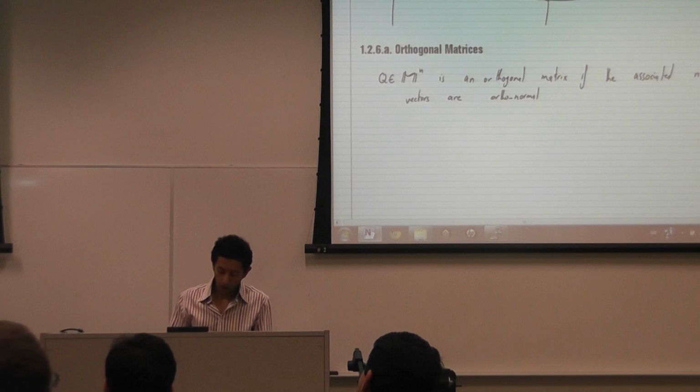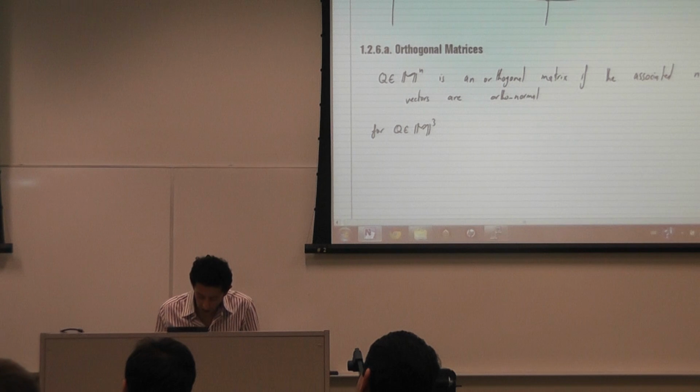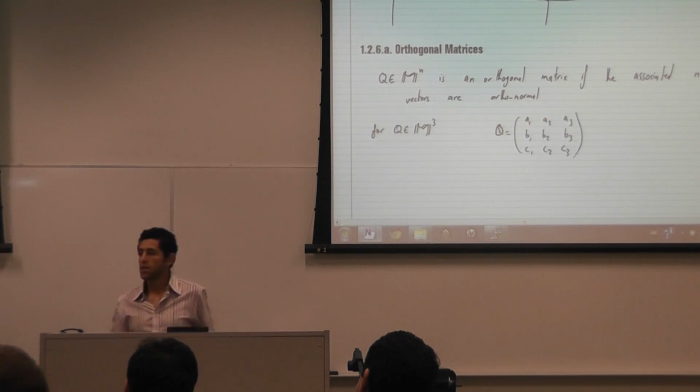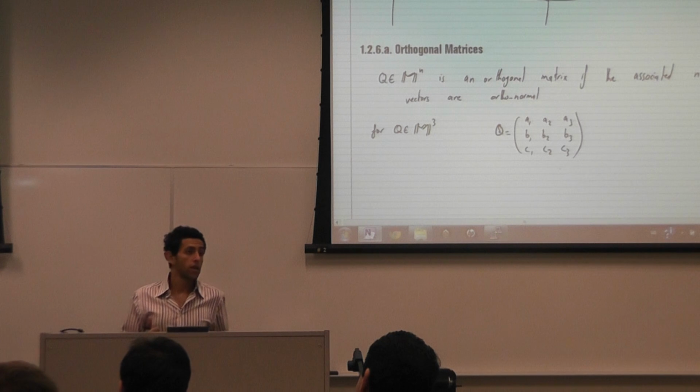Let's look at it if Q is a 3 by 3 matrix. What does it mean? It means that Q, which is equal to A1, A2, A3, B1, B2, B3, C1, C2, C3, has columns A, B, and C that each have size 1, and the three are perpendicular to each other.